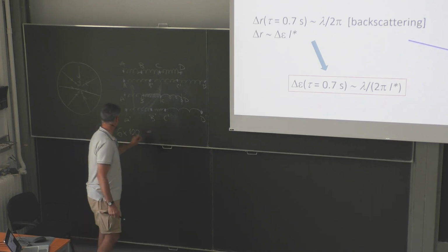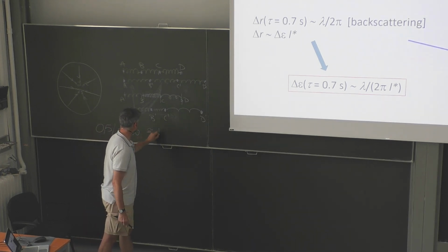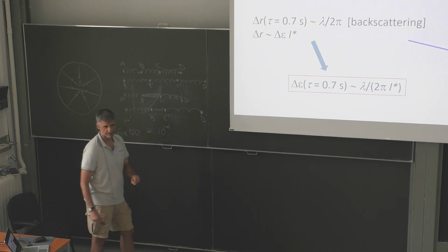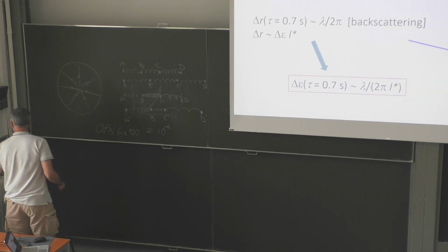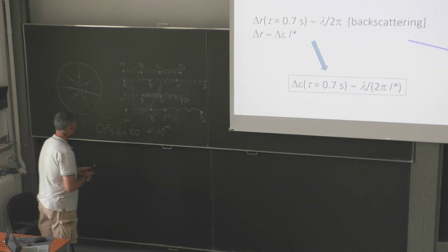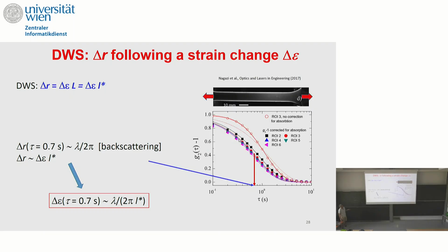So you get that this corresponds to a strain increment of the order of 10 to the minus 4. Okay? If I got it right, you check. So that shows you that you can work out exactly what the delta epsilon was, and that you are really sensitive to teeny tiny changes of strain. Measuring 10 to the minus 4 in strain increment is not so obvious.